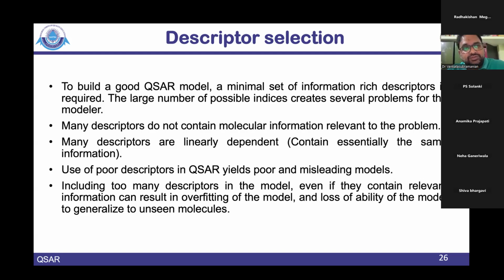So you have to use ways of selecting descriptors that actually describe the molecule. Again, there is no standard set of descriptors; sometimes you have to vary them based on the molecule set that you have.